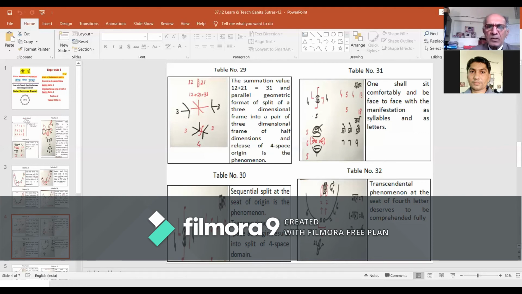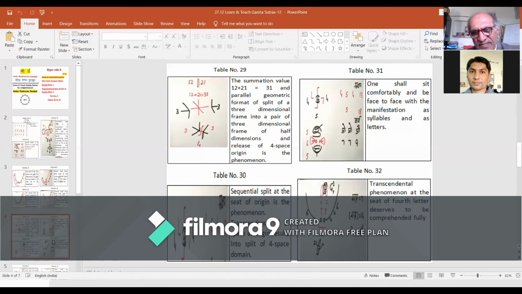Now, tables 29, 30, and 31 are sequential. These are in continuity, and these are regarding the transcendence of fourth space as origin from three space domain, further transcendence of five space origin from fourth space domain, and transcendence of six space as origin from five space domain.